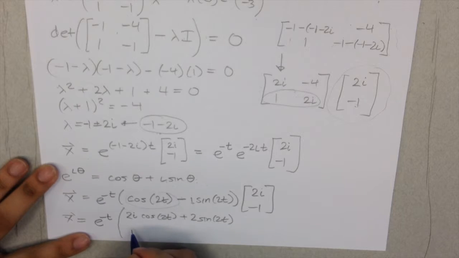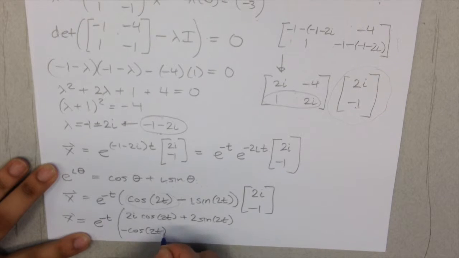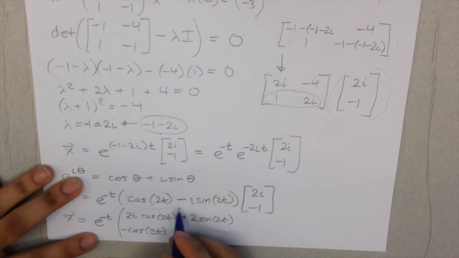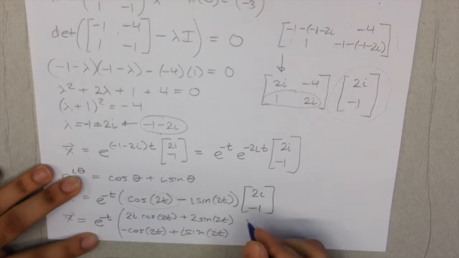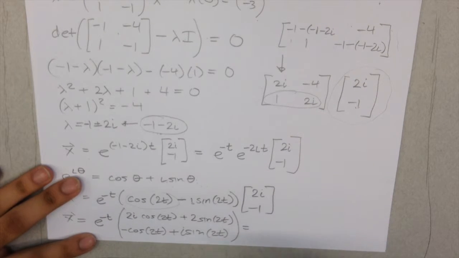For the second entry, you get negative cosine 2t plus i sine 2t. We separate the imaginary and real parts out.